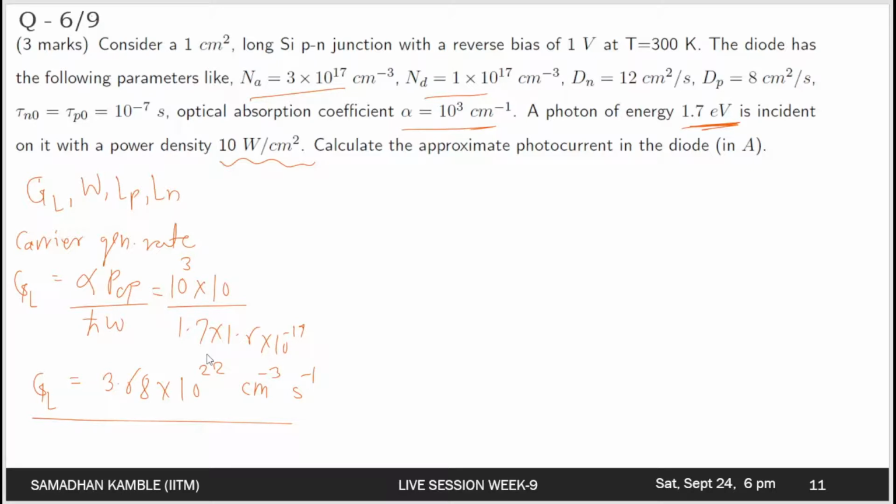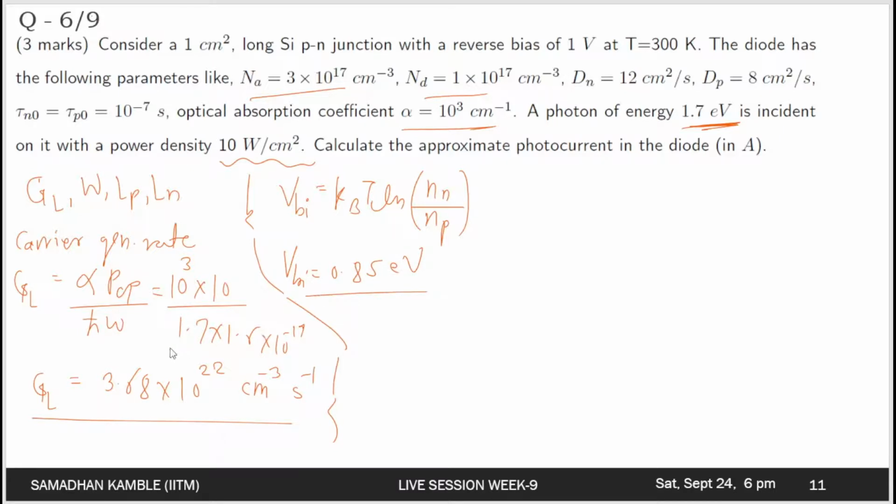Let us find out the built-in potential, VBI. We have seen it in quite detail, the built-in potential, which is nothing but kBT times ln of Nn over Np. If we just substitute it, it will give us VBI of 0.85 electron volt. Now we know these two parameters. Let us find out the depletion width, that is W. For that, we know the formula.